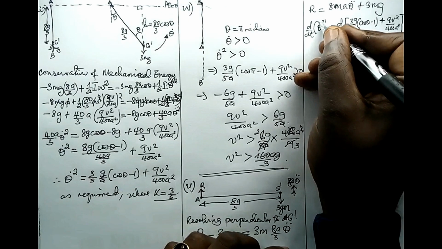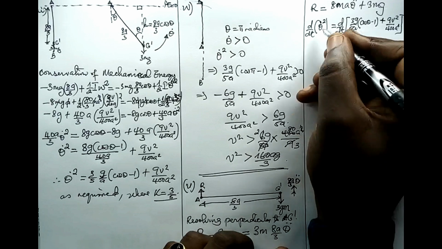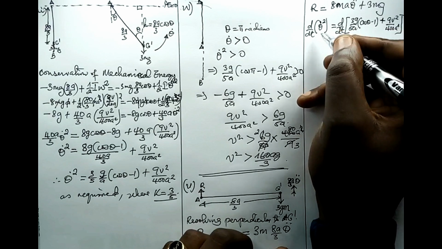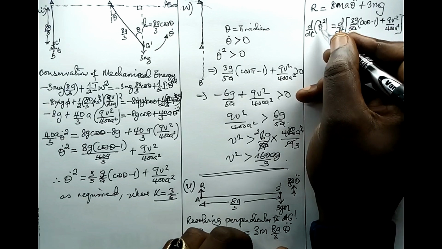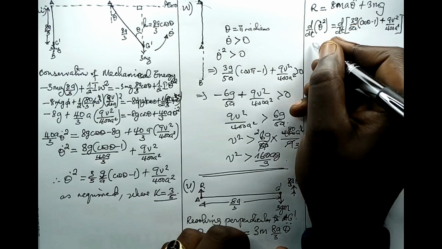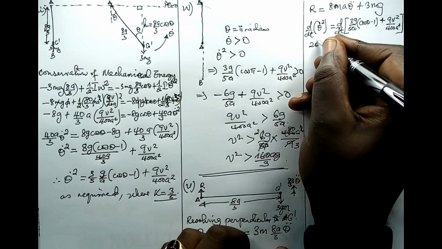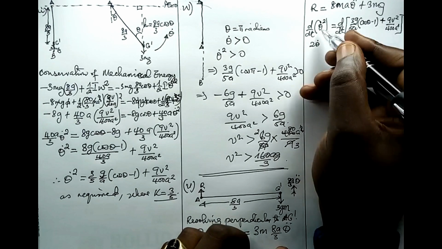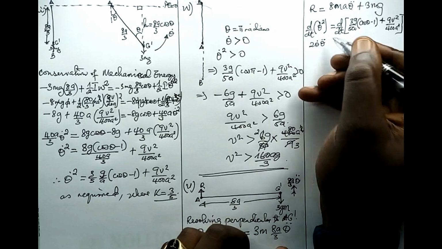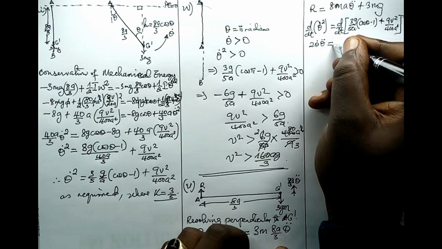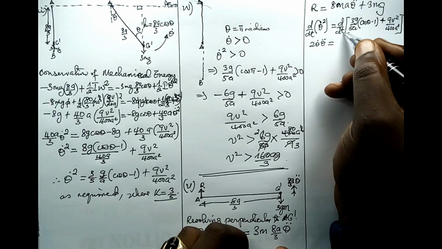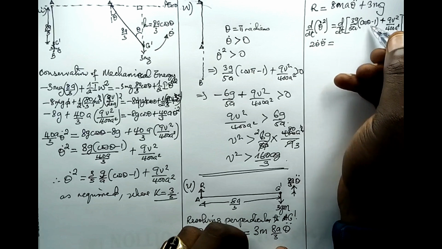To differentiate theta dot squared, I have to use the power rule, because I'm differentiating the function of a function. So theta dot squared differentiated gives 2 theta dot, and then I differentiate theta dot with respect to t, which gives theta dot dot. That's the power rule.